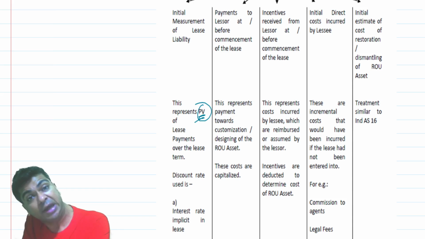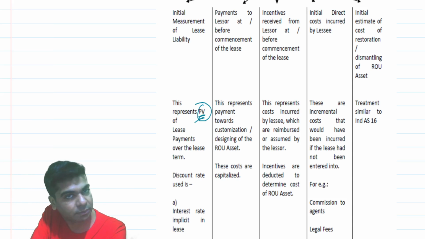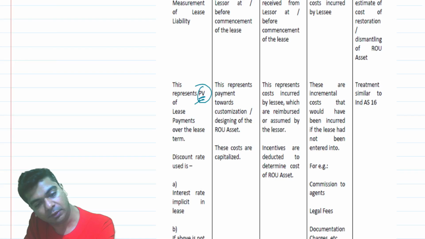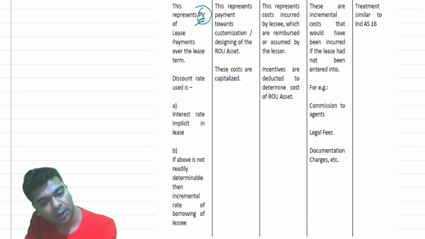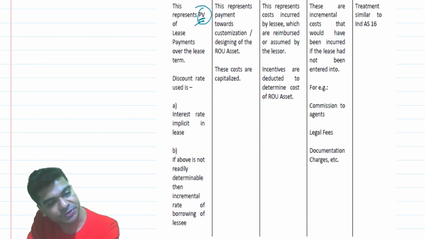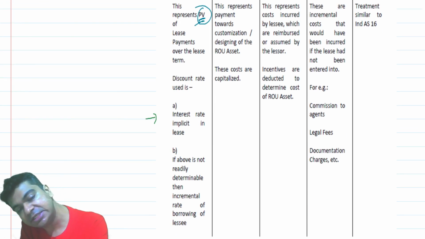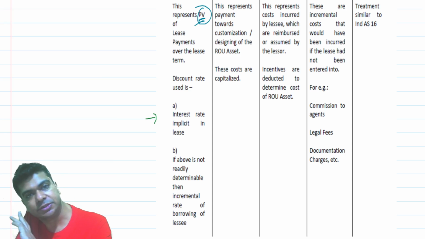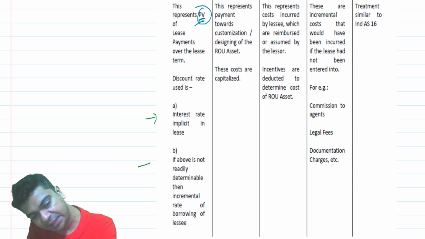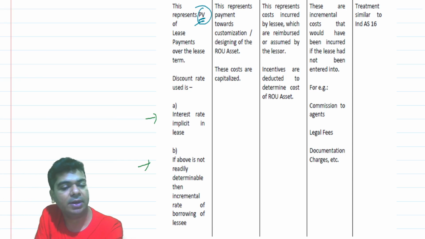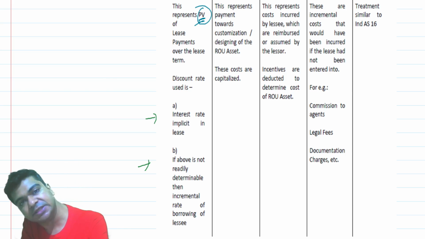If you are saying I require present value, that means I require a discount rate. What will be my discount rate? They say the discount rate used is the interest rate implicit in lease. And in B they are saying if the above is not readily determinable, then the incremental rate of borrowing of the lessee.